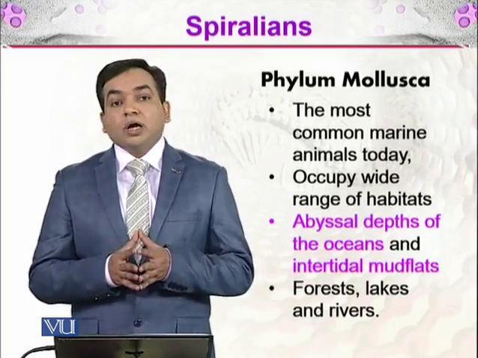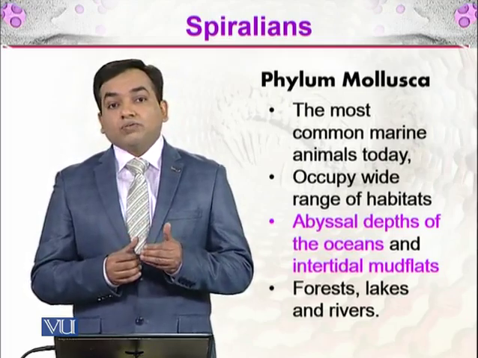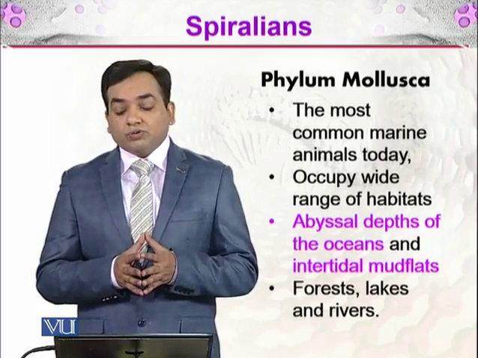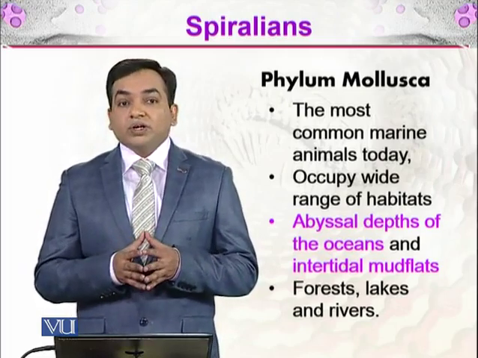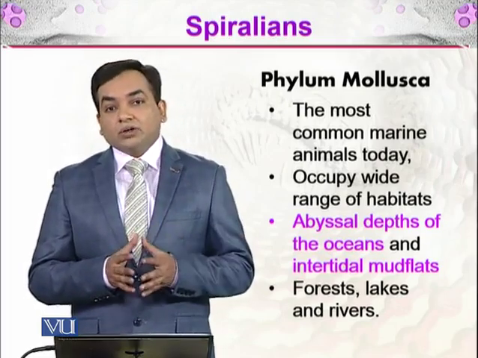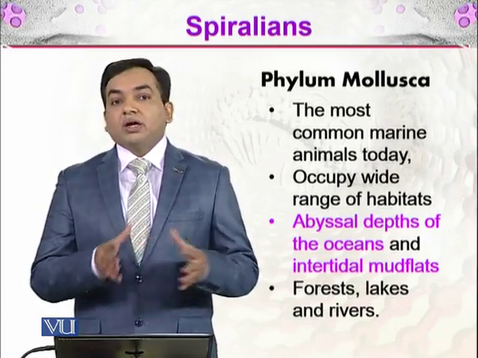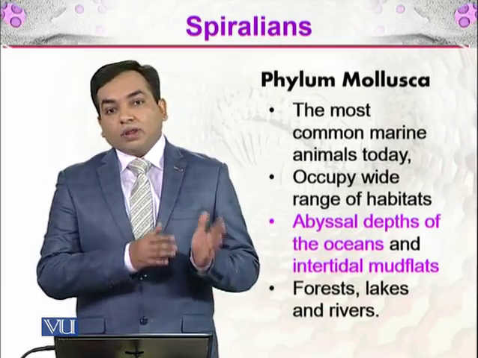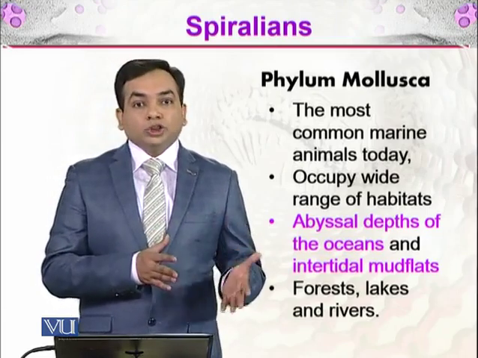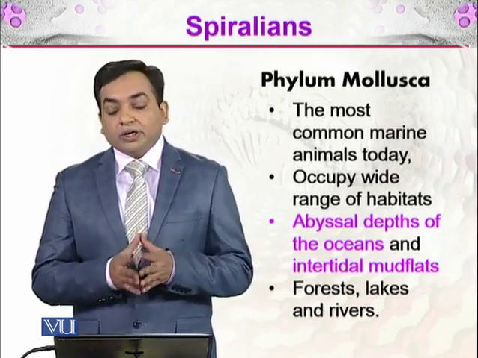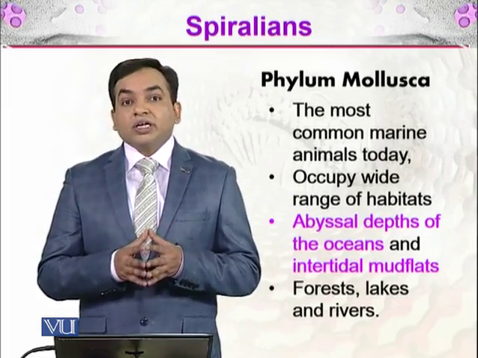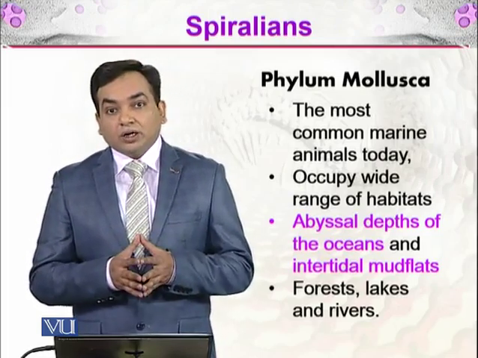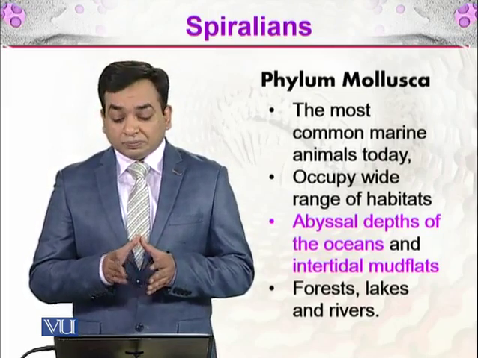For example, squids are found in the very depths of the ocean, while the intertidal mudflats are the regions where the tide is coming and going. So for some part of the day there is sea, and after that there will be a shore. There will be no water there. These are called intertidal mudflats because they have a muddy consistency in their soil.